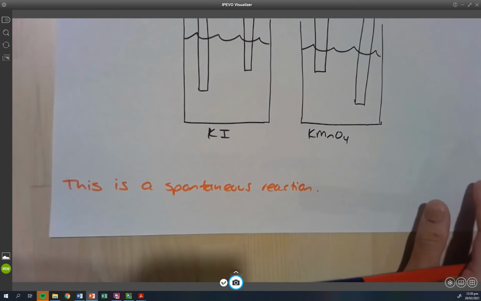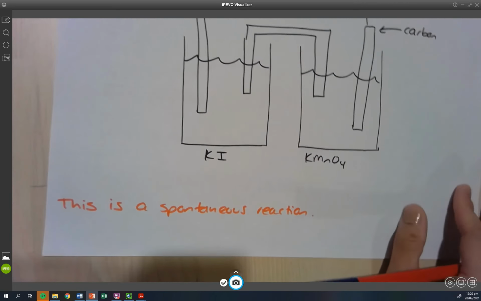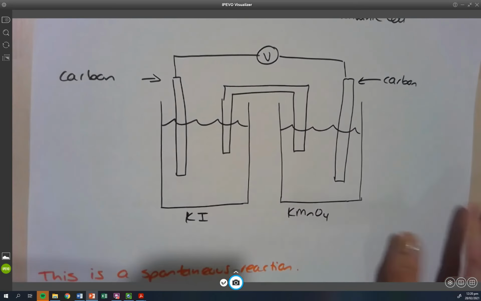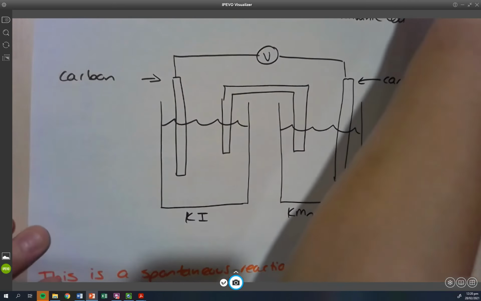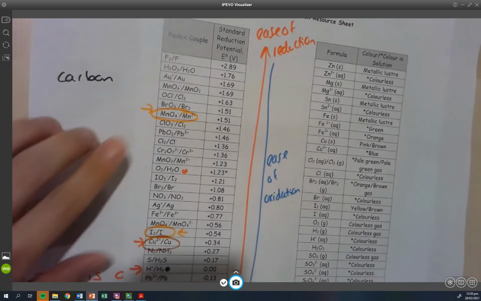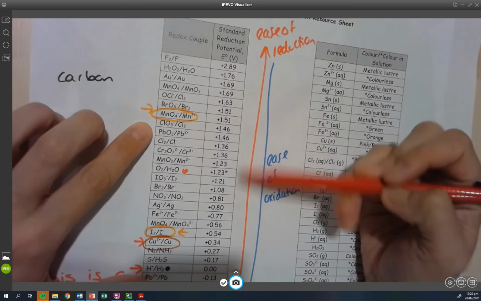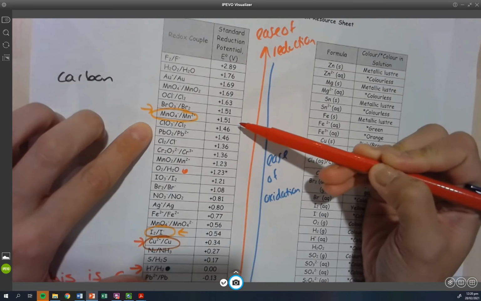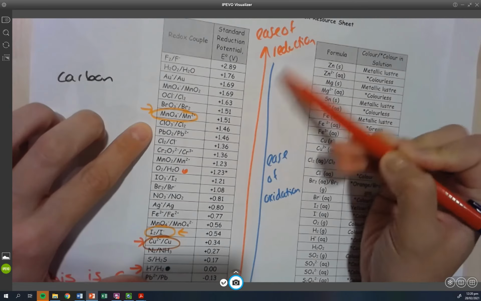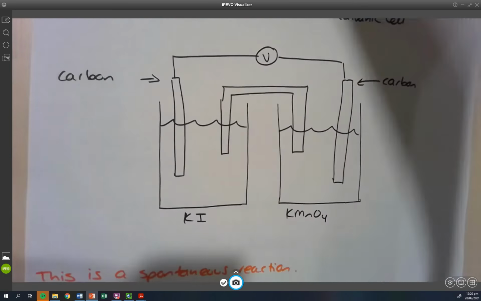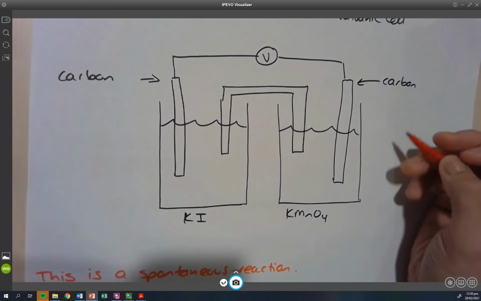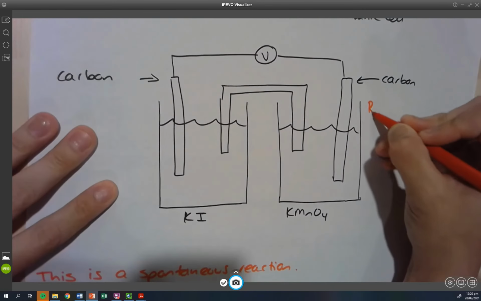Cool. Next thing is that I need to figure out which one was the oxidation and which one's the reduction. So like I said, I figured out the permanganate is what's being reduced because I can see on the standard reduction potential, its standard reduction potential is higher. So that means ease of reduction, this one is going to get reduced. So basically, I'm going to write on this side that I know that this is the reduction reaction.